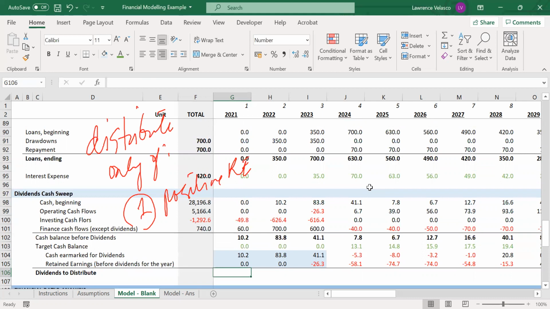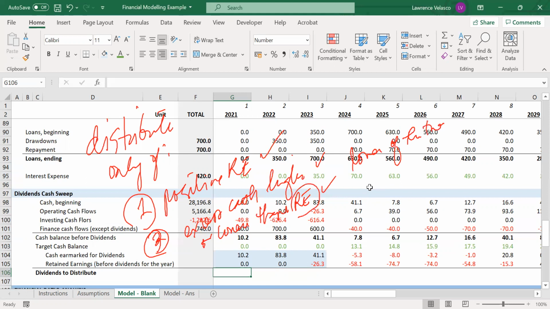If there is a positive RE, the next thing that you should determine is the excess cash, higher or lower than retained earnings? Siyempre, titingnan mo muna positive ba yung RE. If positive, you'll check whether excess cash is higher or lower than RE. Bakit? Ang pwede mo lang kunin is the lower of the two.